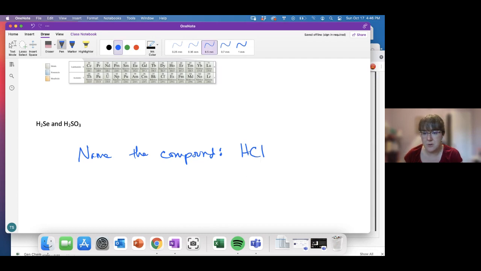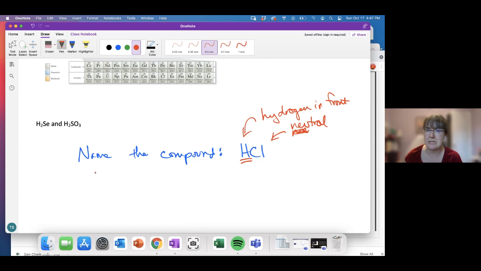If this is all you've got, the fact that you have a hydrogen in front, and it's neutral, that's not how we spell neutral, and the fact that it's neutral, is going to be enough information to go ahead and assume that it's an acid.